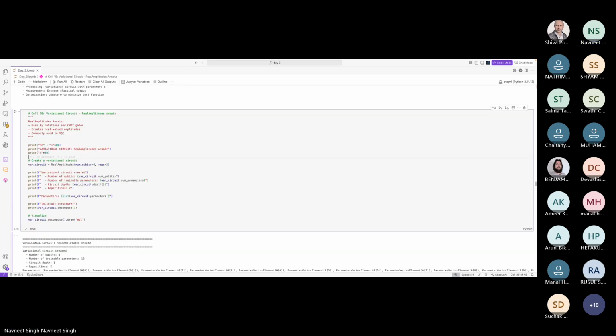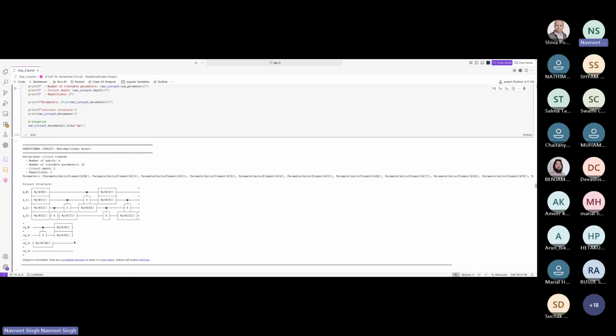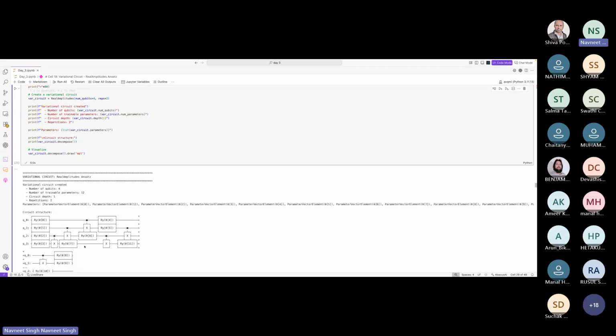I will explain what's going on here also. After this, we are printing the number of trainable parameters. Each parameter corresponds to a rotation angle, so it plays the role of a weight in a neural network. The more parameters we have, the more flexible the model is, but also the harder it is to train.